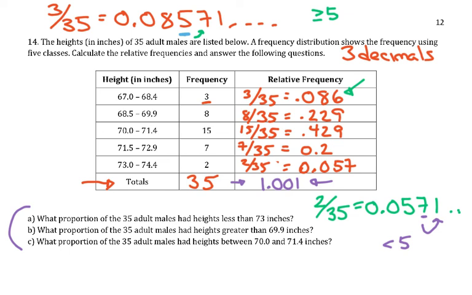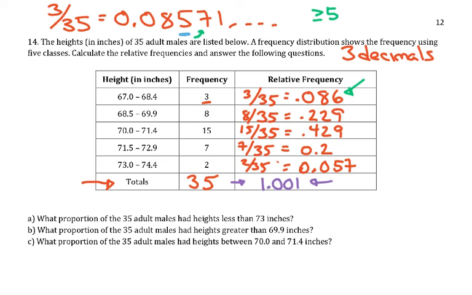Now, we got to answer some questions down here. And we can do this using the table. So first, let's look at A. What proportion had heights less than 73 inches? Well, that would be all of these people. Now, you could add up your decimals or you could add up the frequencies.